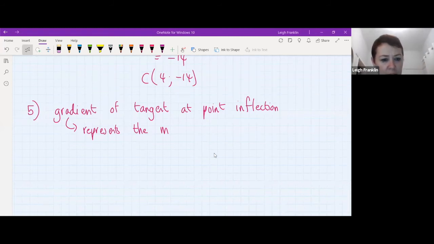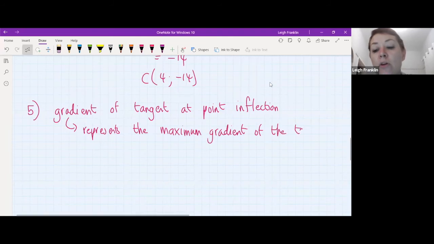Leroy is saying second derivative. What it actually represents, and maybe your teachers have not discussed this with you, is that the gradient of the tangent at the point of inflection represents the maximum gradient of the tangent.